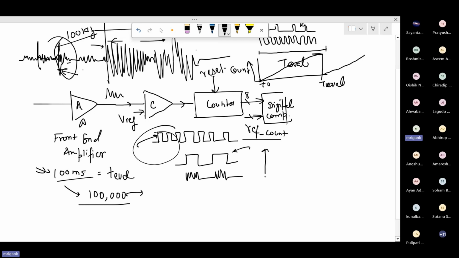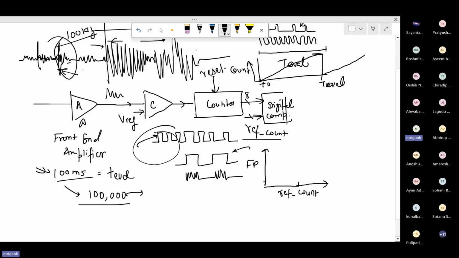So if this is the number of false positives on the y-axis, you are taking, say, hundreds of patients' seizure data and applying this algorithm, and on the x-axis you are varying the parameter, the reference count.